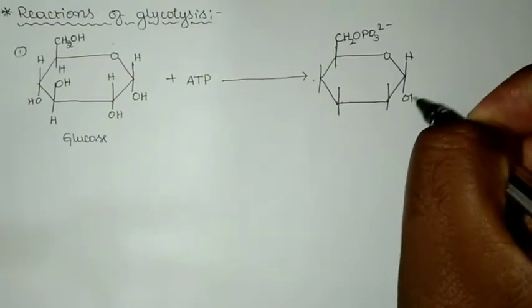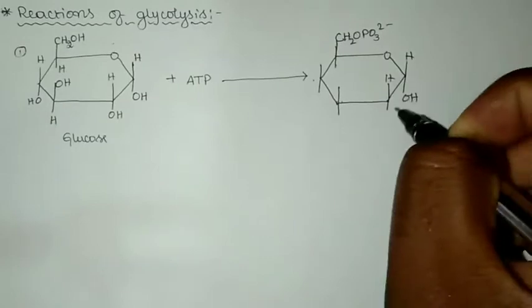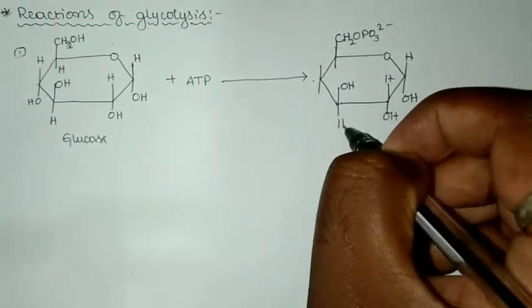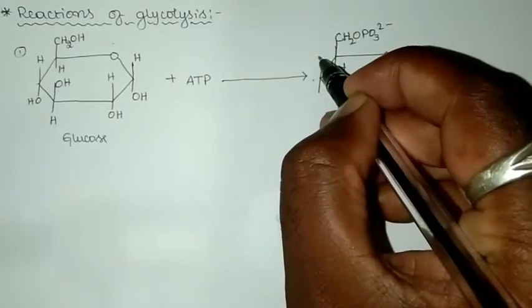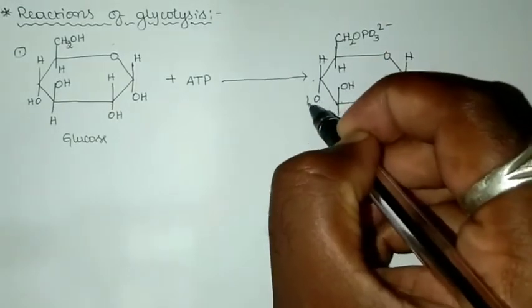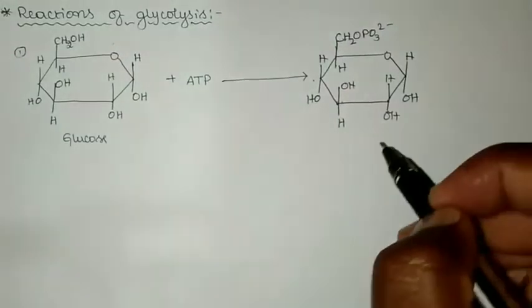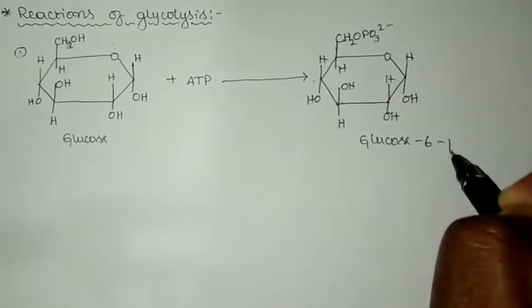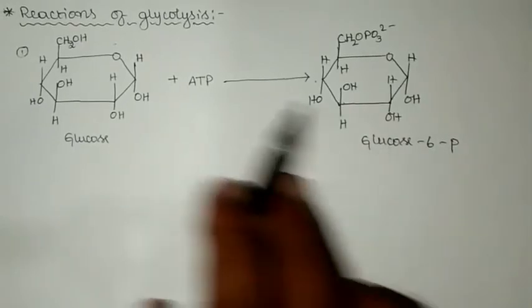So here H, OH, H, OH, OH, H, and here it is H, and here it is H and OH. So glucose has been converted into glucose 6-phosphate. P refers to phosphate.